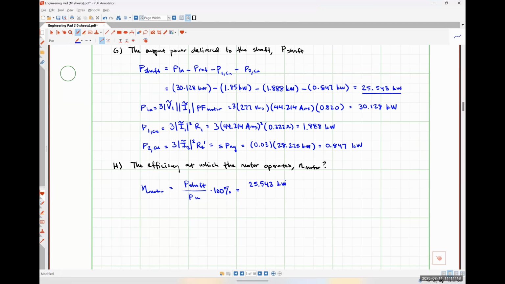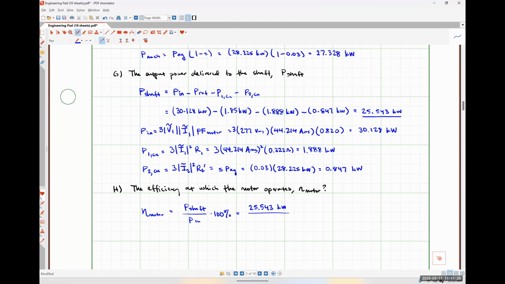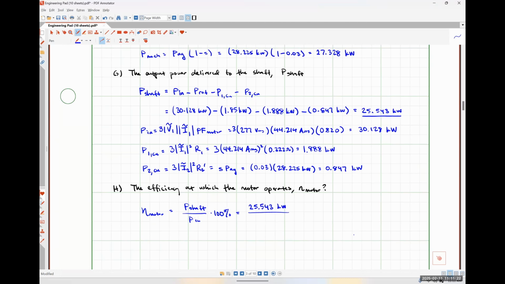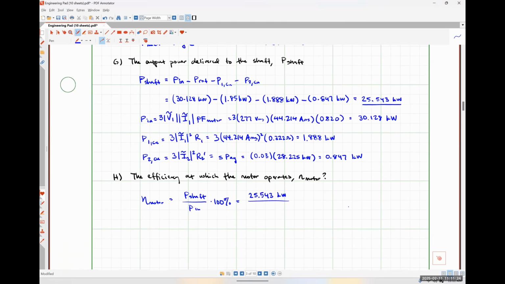So that would be 25.543 kilowatts divided by 30.128 kilowatts. And that comes out to be 84.782%.